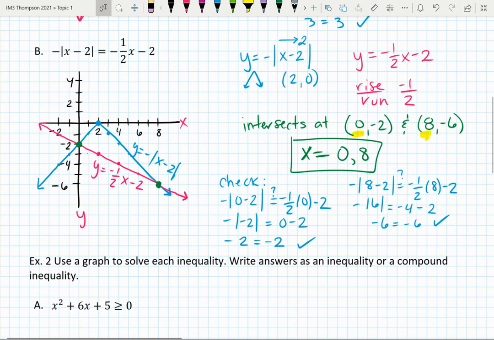We graphed an absolute value and a line. Okay.